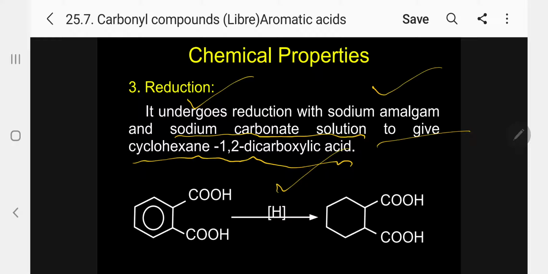This is 1,2 dicarboxyl cyclohexane, with carbons numbered 1, 2, 3, 4, 5, 6.